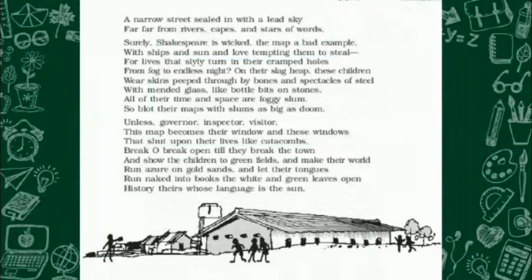Unless governors, inspector, visitor, this map becomes their window, and these windows that shut upon their lives like catacombs break open till they break the town and show the children to green fields and make their world run azure on gold sand, and let their tongues run naked into books, the white and green leaves open. History theirs, whose language is the sun.